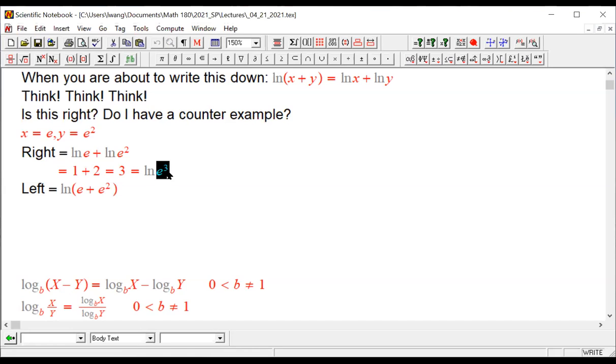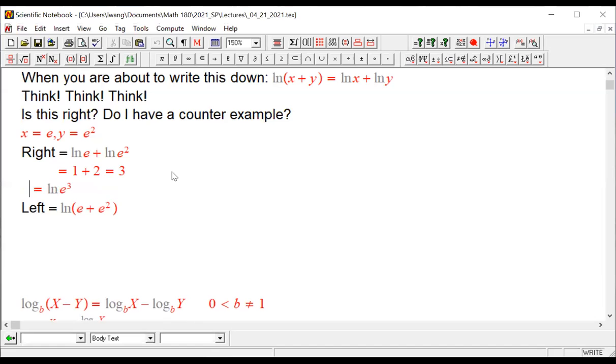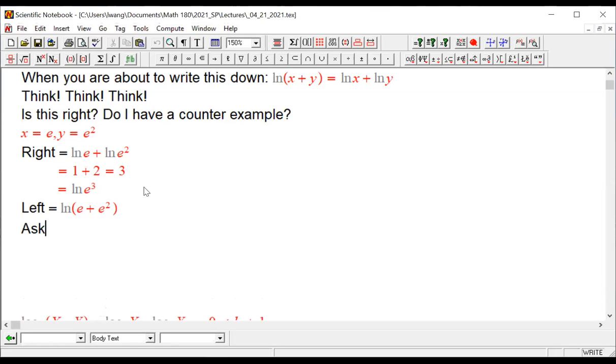So now you compare e to the power 3 and e plus e squared. Are they the same? If these two are the same, then e to the power 3 and e plus e squared are the same. Then you'll be asking the question, is e to the power 3 the same as that?